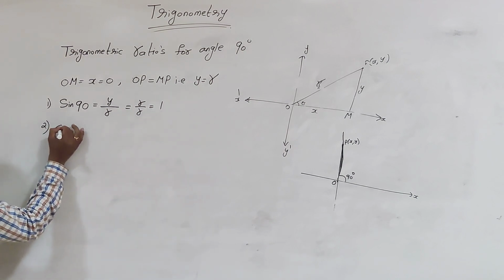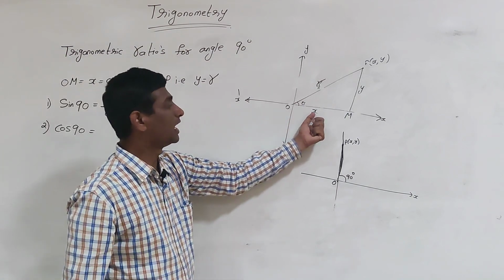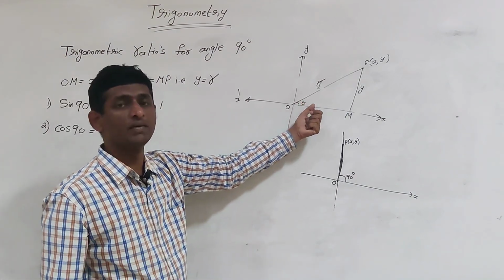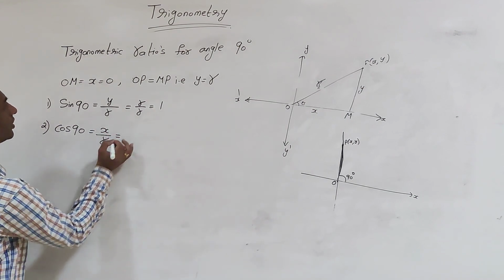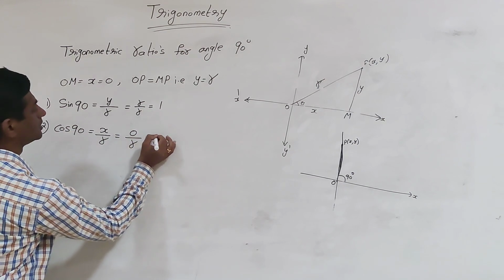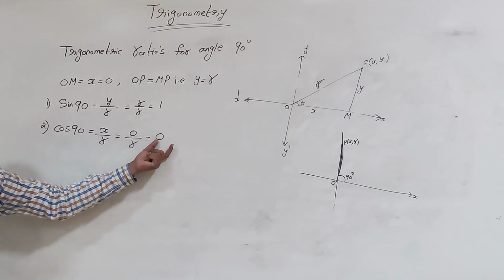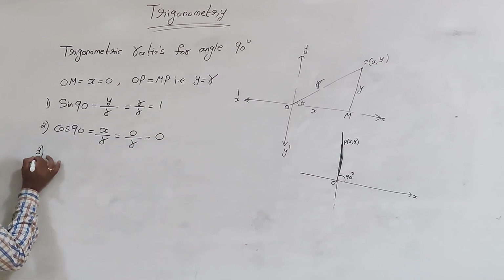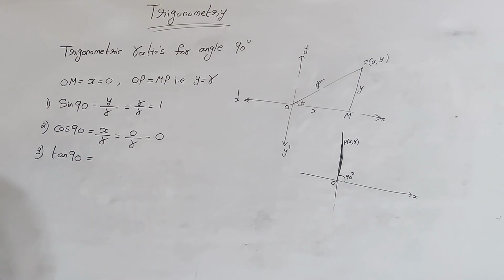Second, cos 90. As per the definition, adjacent side of 90 degrees by hypotenuse, x by r. But what is x here? 0 by r. So 0 by anything is 0. So cos 90 will be 0. Third, tan 90.